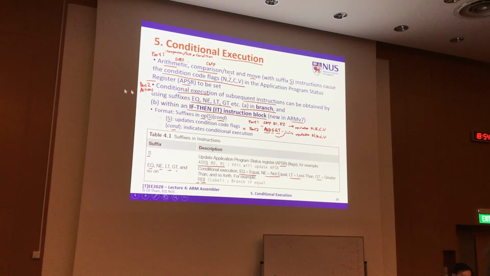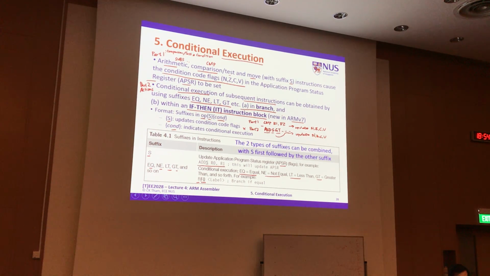And also the actions, which are the instructions, and then also the condition itself. So for the original relationship, you do the compare, but the actual relationship together with the actions, you specify in an IT block, or if your instruction is a branch, then you just have a B with the suffix.